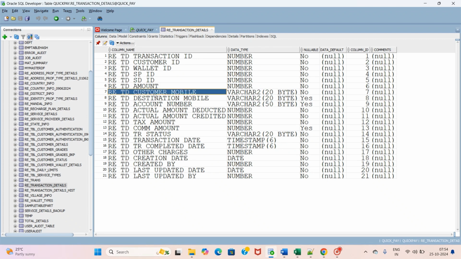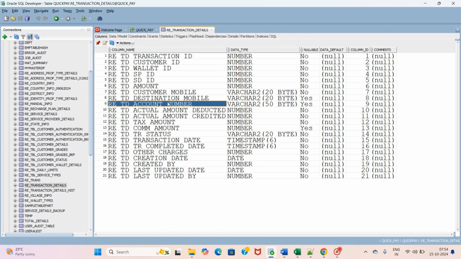On which mobile number the wallet is allocated to one mobile number, right? On which mobile number the transaction has happened, and the destination mobile number. If the customer has done the recharge, at least he has to give the mobile number to whom the recharge has to happen. That is the destination mobile number and the destination account number.